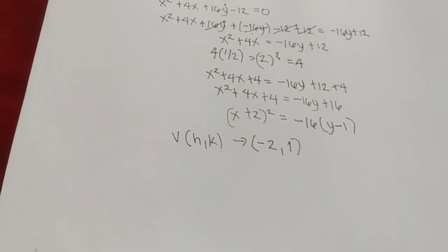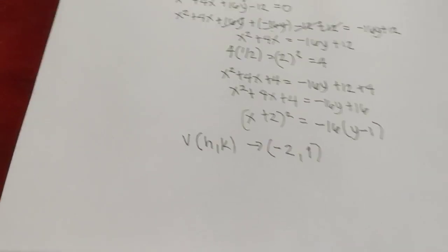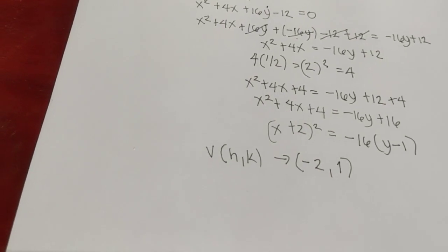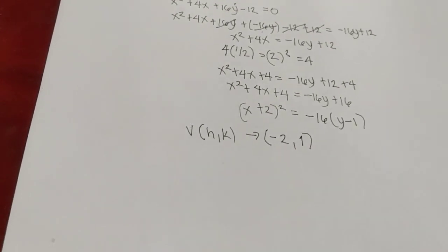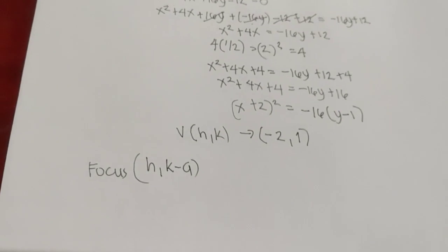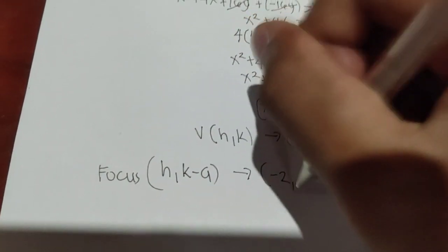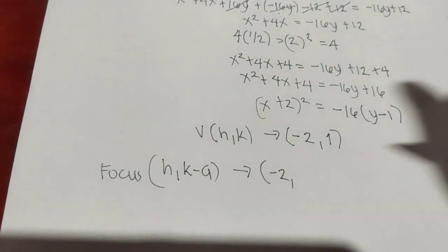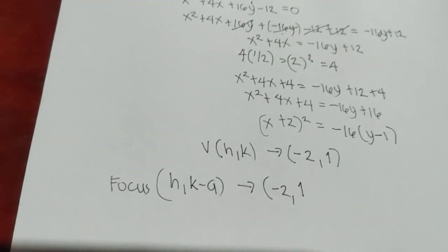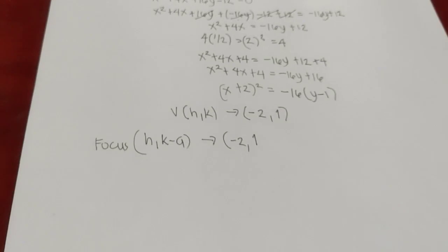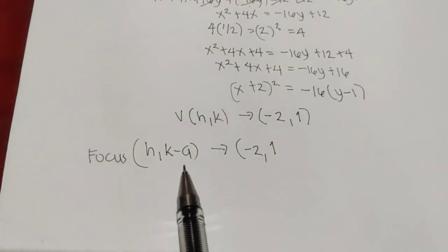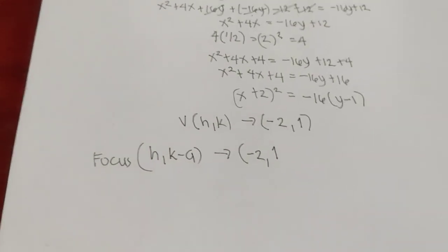Next, we need to get the focus of the parabola. The focus of the parabola that opens downward is h comma k minus a. So here, our h is negative 2, our k is 1. So we need to get the value of a, which is our focal distance.